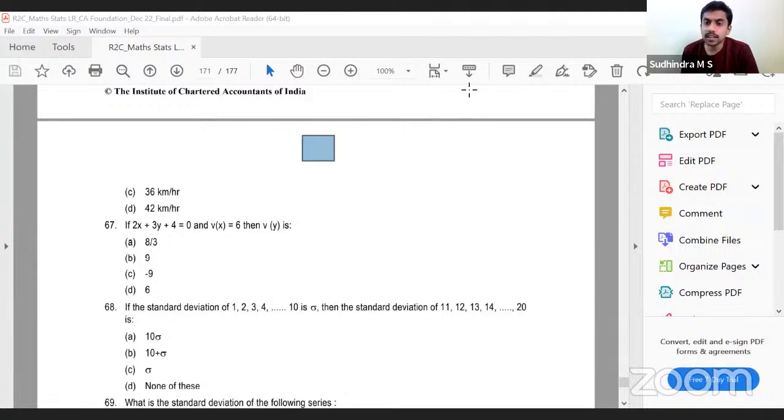What have we done here? We have added 10 to each of the observations, 1 plus 10, 2 plus 10, 3 plus 10. That means it is change of origin. Standard deviation doesn't get affected by change of origin. So it shall remain sigma.